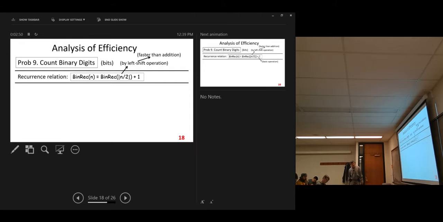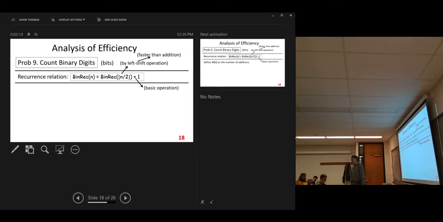This operation is much faster than addition. Addition, you need to do a lot of operations. So that's why we use addition as our basic operation. Let's use the slower one as our basic operation.